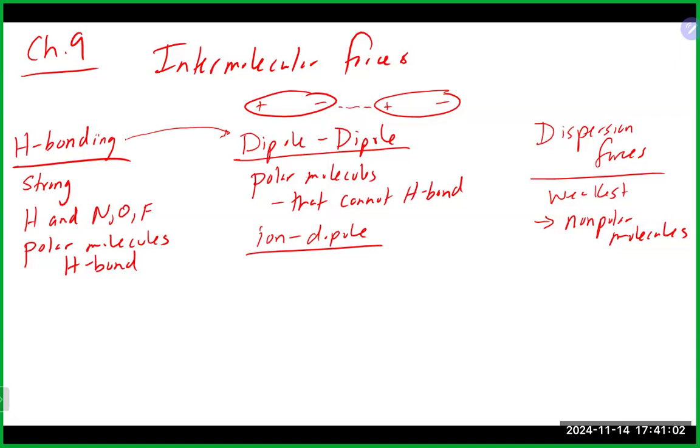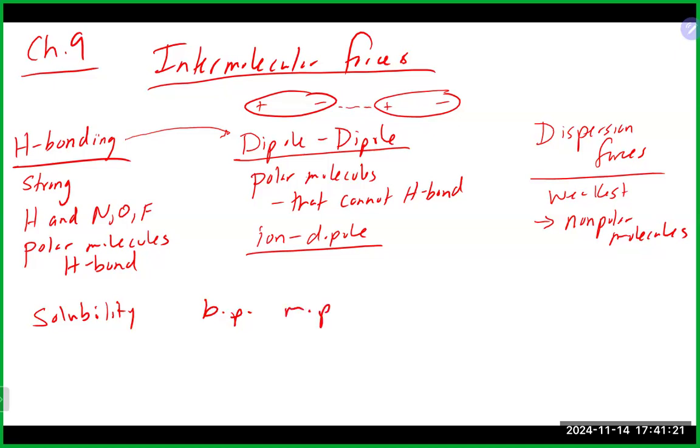And the way that molecules interact with both themselves and also other molecules through these intermolecular forces, they affect a lot of things that we were talking about, like solubility, like boiling points, melting points.